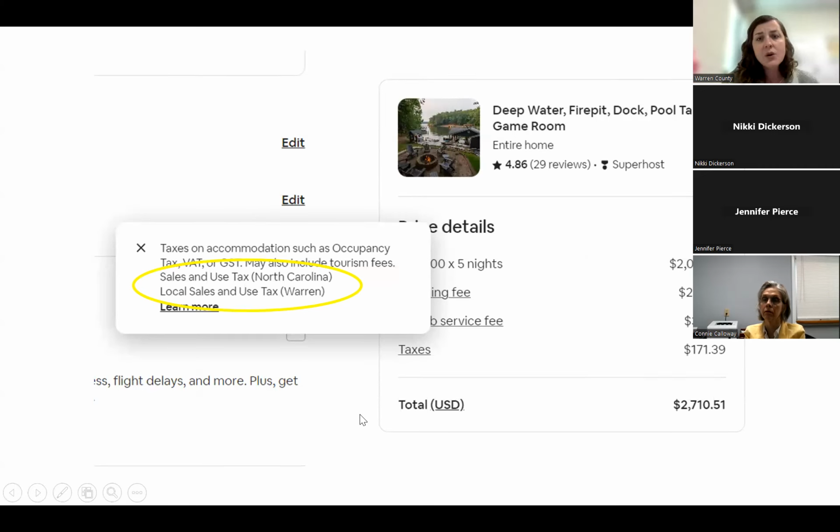So this is a rental on Airbnb in Warren County. If you look here encircled in yellow, you can see the current taxes being collected are the state and local sales tax. We do not have an occupancy tax currently, so it is not being collected.